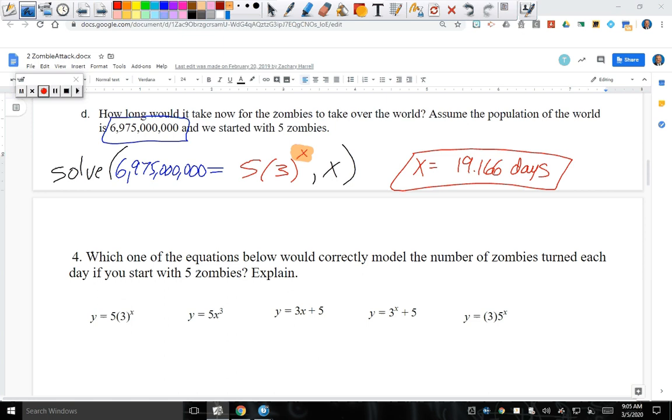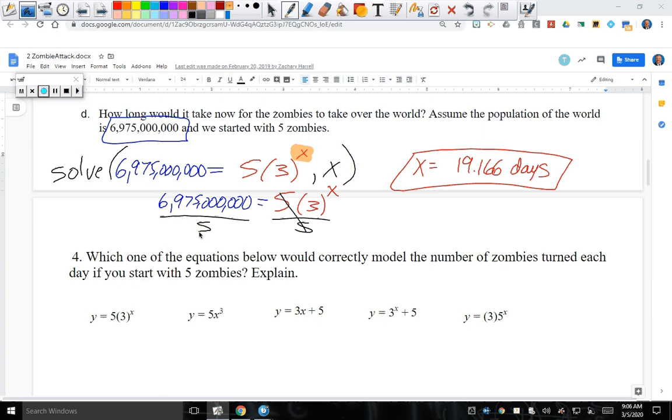Okay. Now if I did this by hand, I have 6,975,000,000 is equal to 5 times 3 to the power of x. Well, I could divide both sides by 5 to get rid of this. And then now it's just 6,975,000,000 divided by 5.